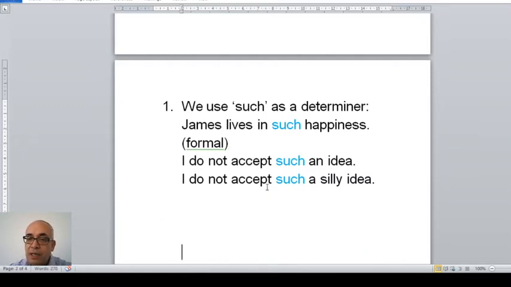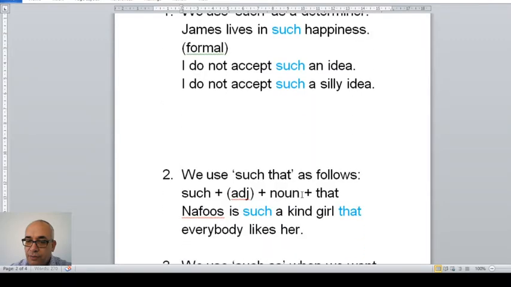So again, I repeat, such is a determiner because after it we have a noun. Happiness is a noun, idea is a noun. I can say such an idea or such a silly idea. So you can use a determiner after such.